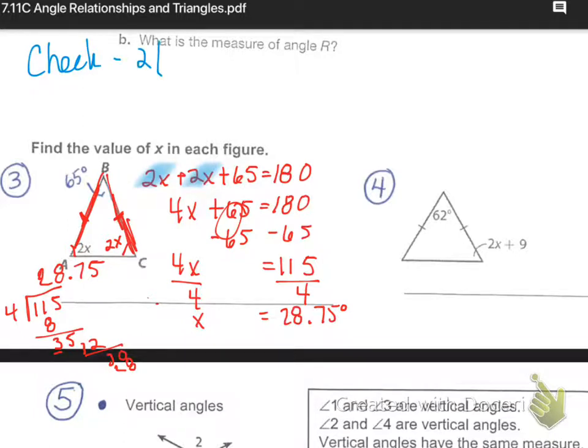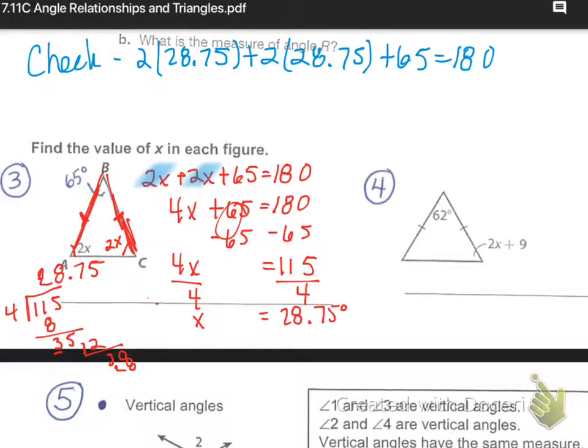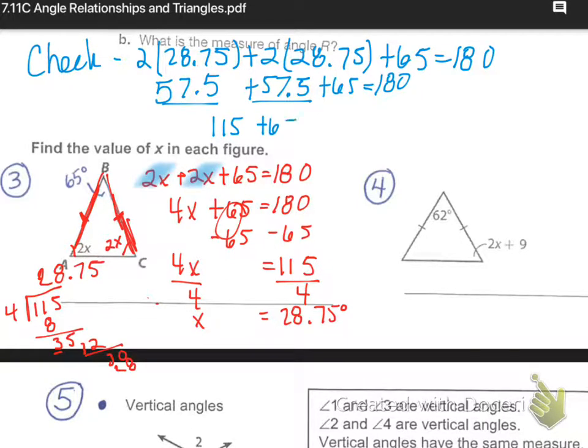So I have 2 times 28.75 plus 2 times 28.75 plus 65 equals 180. 2 times 28.75 is 57.5, plus 57.5, plus 65 equals 180. 57.5 plus 57.5 is 115 plus 65. Does that equal 180? It does.